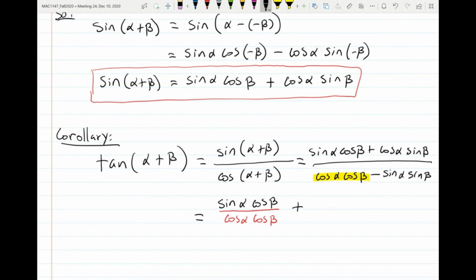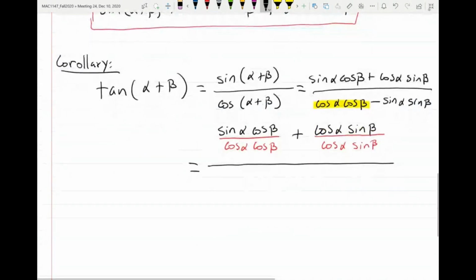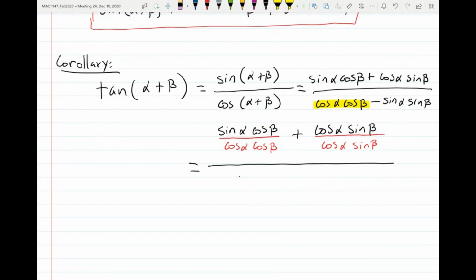And then we have plus cosine of alpha, sine of beta. And the reason why we are doing this will be apparent in a second. Notice that we have some nice cancellations, and then whatever is left will turn into something nice. Over, and then in the bottom we have cosine of alpha, cosine of beta, minus sine of alpha, sine of beta, and then we have to divide by this as well.